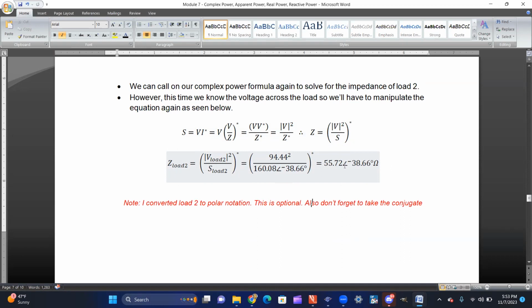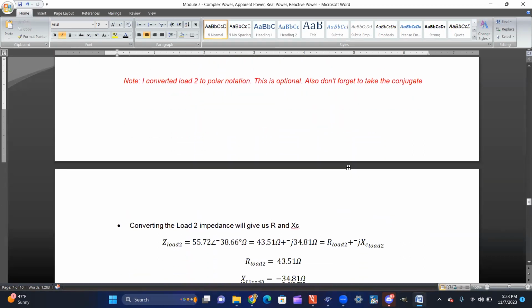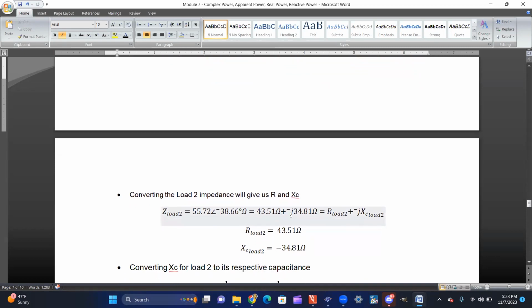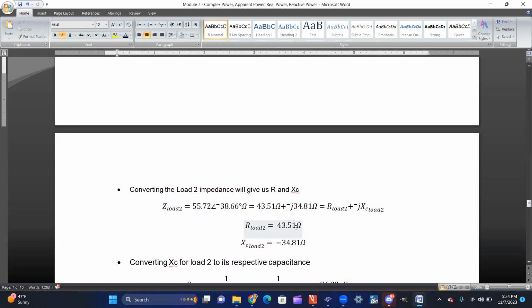And if we express this in polar, I convert it to polar, it's still negative. So that's how we know we've done it correctly. So the resistive load of load 2 is 43.51 ohms, and the capacitive reactance of load 2 is negative 34.81 ohms.